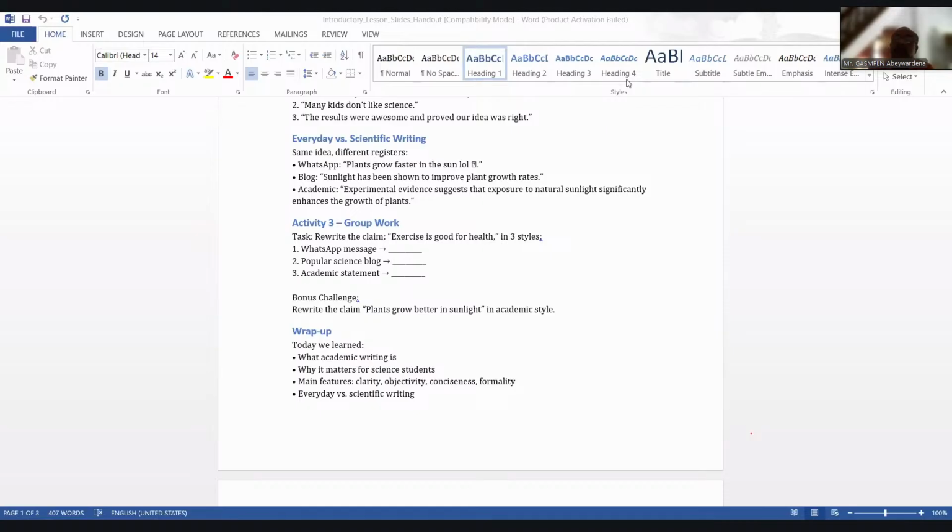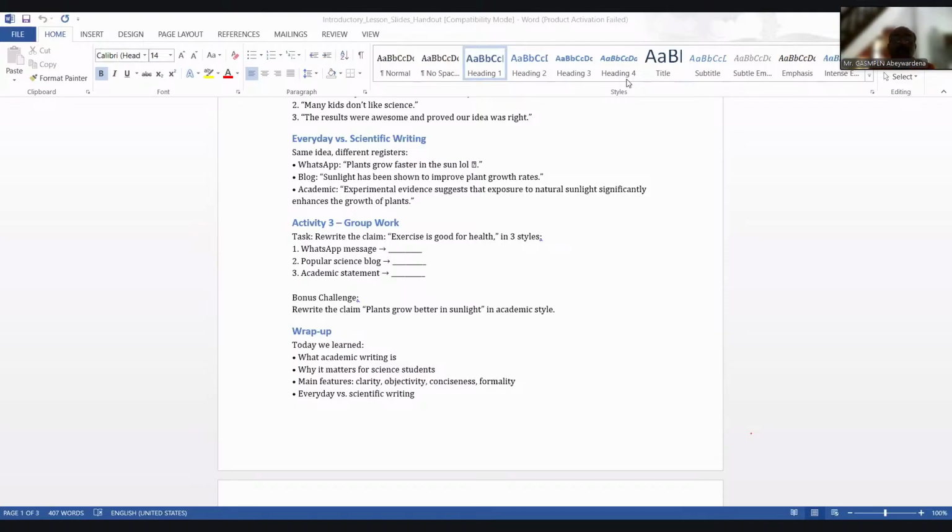These are the three answers. You need to exercise often. It is good for your health. Full stop. It is good for you. Second one: frequent exercise has become a significant factor of a healthy lifestyle.